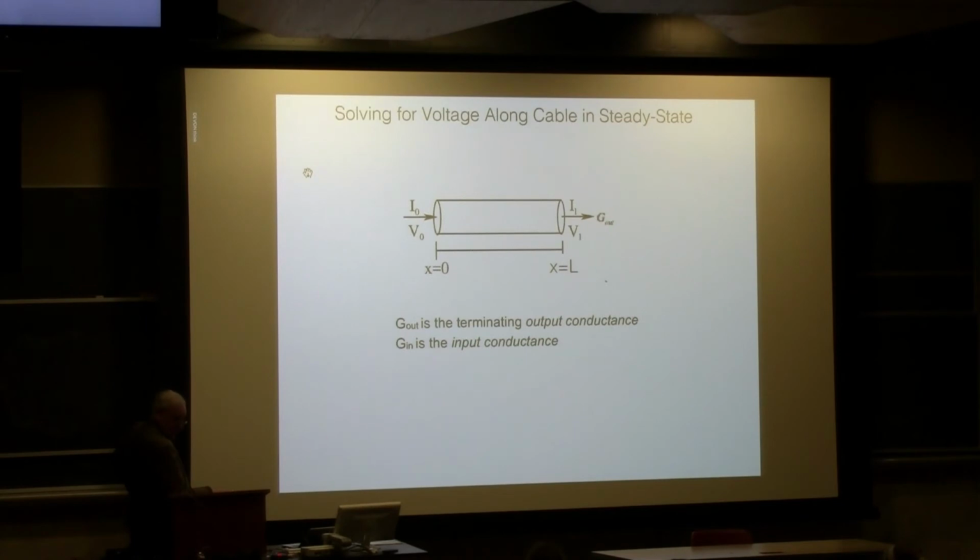It depends on whether the terminating conductance of that cable is 0 or not. If there's 0 output conductance, there's no current flowing out, but there will be some current and some voltage at that location. G in is the input conductance, G out is the output conductance.